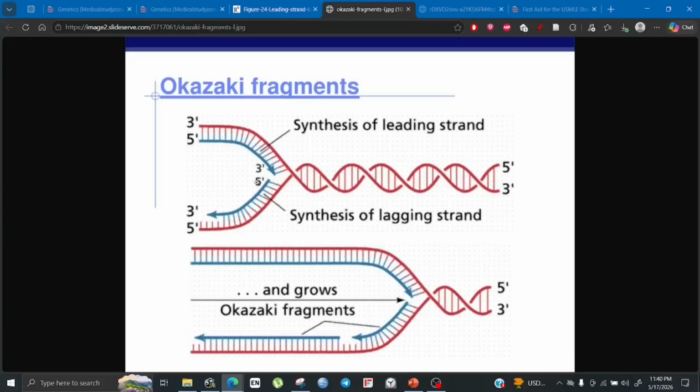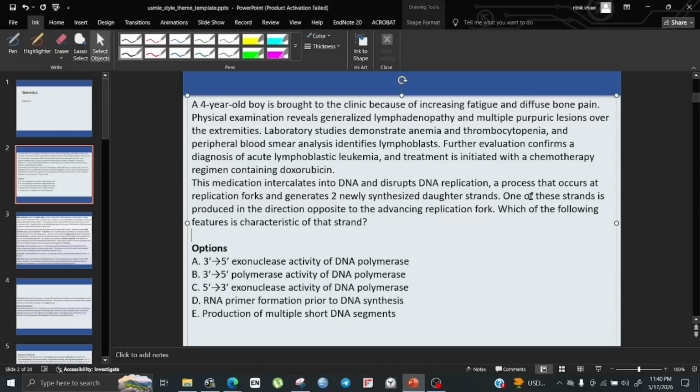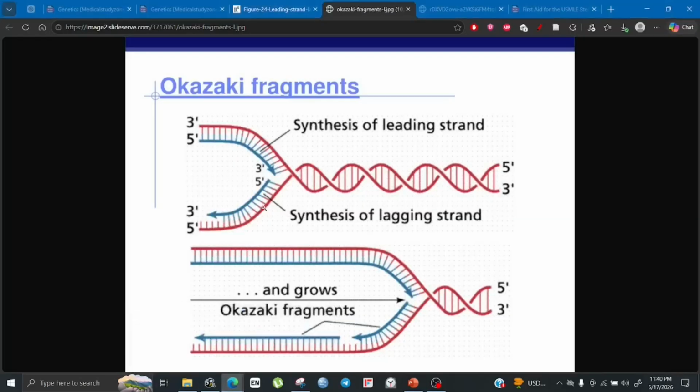Now, there is one strand that is opposite to the replication fork, and there is one strand that is going in the direction of the replication fork.